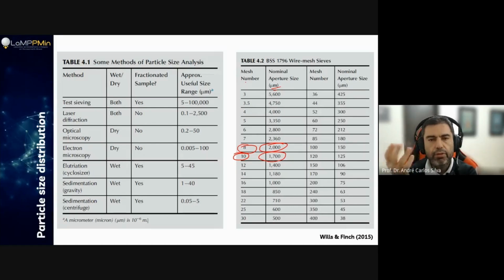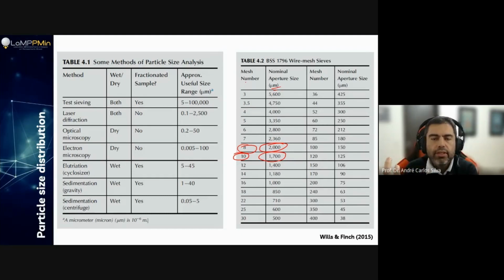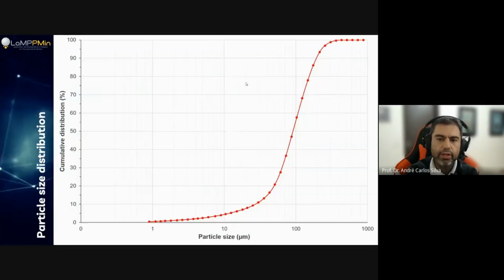You can even do this by gravity separation, but it's pointless because normally you don't have equipment in your industry that can actually do it. So in the lab it's okay, you can separate the material, but what are you going to do with this? At the end of the day, it's going to be thrown out in the tailing dams. Okay, so keep to the upper part of this table and you're going to be safe.